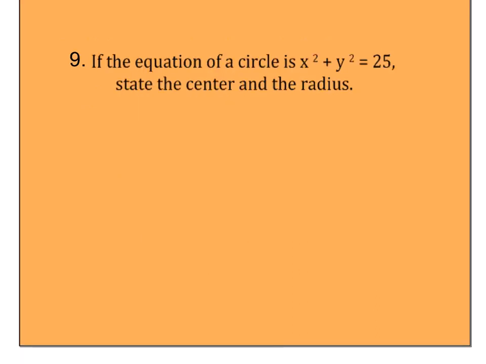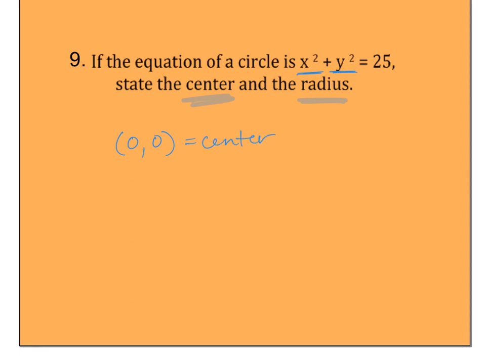Number 9, if the equation of a circle is x squared plus y squared equals 25, state the center and the radius. All right, let's do the center. So what's behind the x and what's behind the y? Nothing. There's no parentheses or minuses. So that means there's a 0. So the center is actually going to be 0, 0.